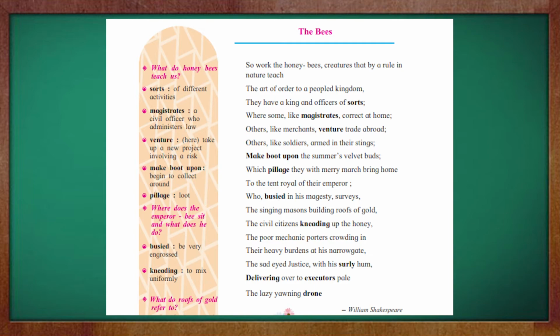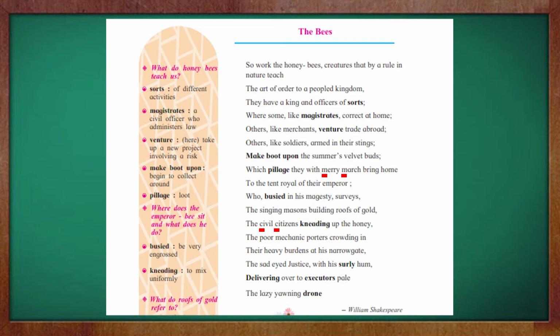Here there is repetition of the sound of the letter M. Next, the civil citizens kneading up the honey. Here the sound of the letter C is repeated.